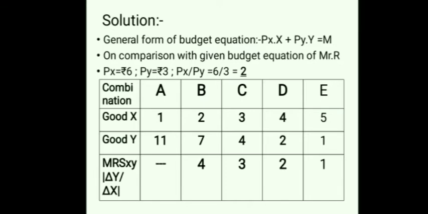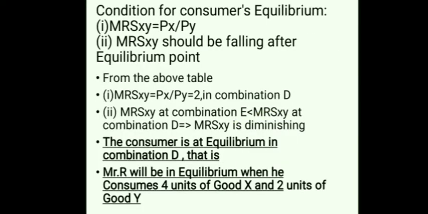So when we look at the condition for equilibrium, MRS of xy is equal to Px by Py. This is possible in case of combination D, because here MRS of xy is equal to Px by Py is equal to 2. Then MRS of xy at combination E is less than that of D because it is 1.